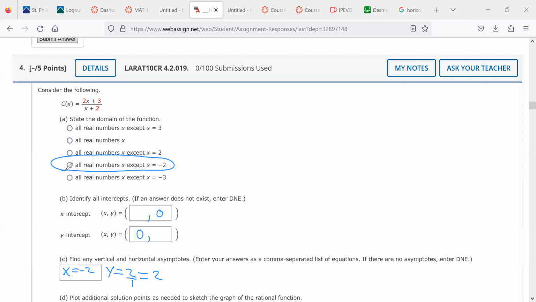Then I'll just solve for the x-intercept. So let's do that first. We set the y equal to 0. Solve for x.